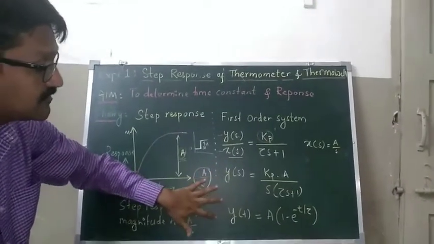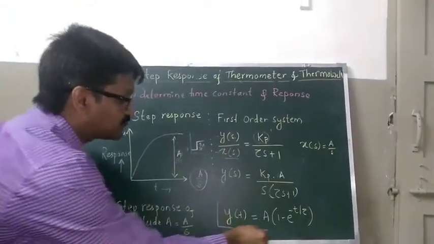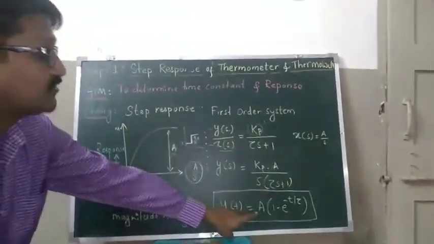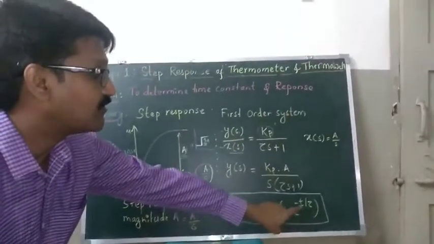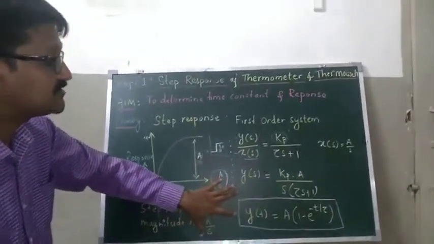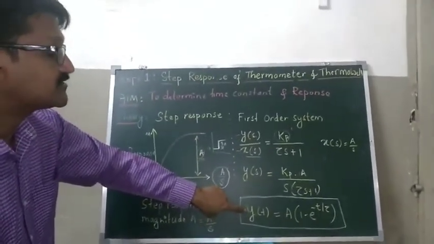Suppose you solve this, the equation to determine the step response of a given system will be y of t is equal to A times 1 minus e to the power of minus t by tau. Why am I using this equation? This equation will be helpful to identify the response of the system.